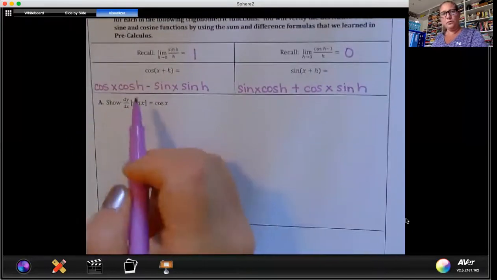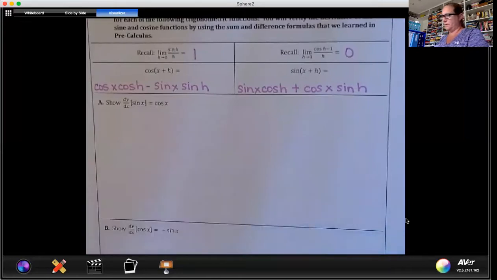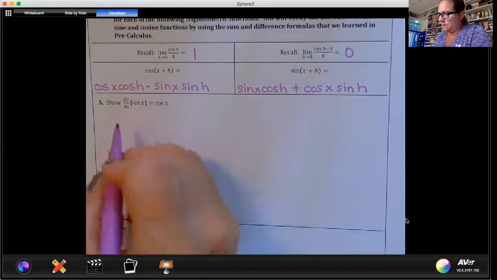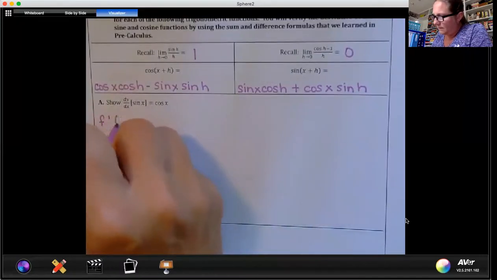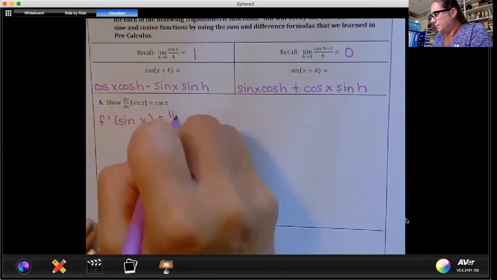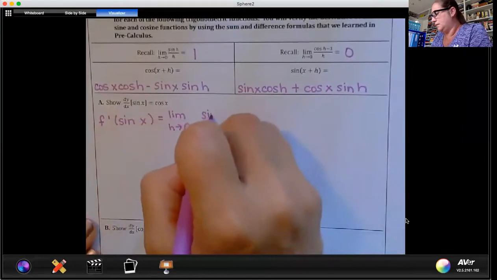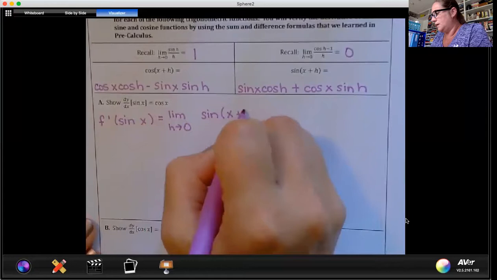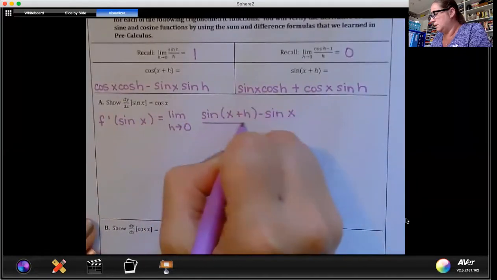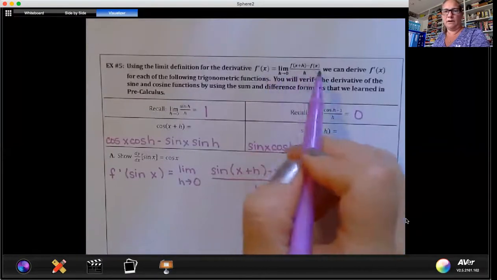All right, show that the derivative of sine is equal to cosine. So f prime of sine equals the limit as h approaches 0 of sine of x plus h minus sine of x over h. Remember, we're using our limit definition of our derivative.